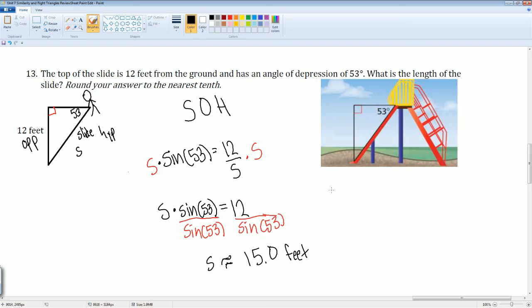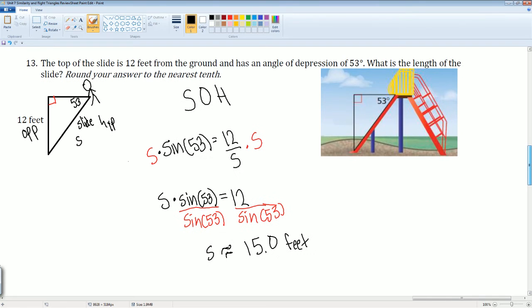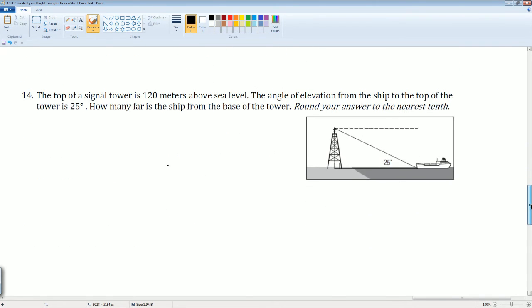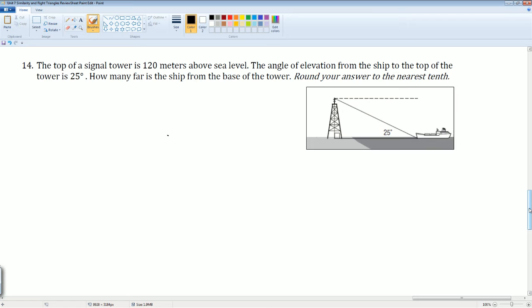The slide is 12 feet tall, and the slide goes down at 15 feet. That's not safe. Oh my god, that's funny. Oh man, I gotta make the numbers more reasonable. Only a math person would get the joke. I cried, how funny that was.